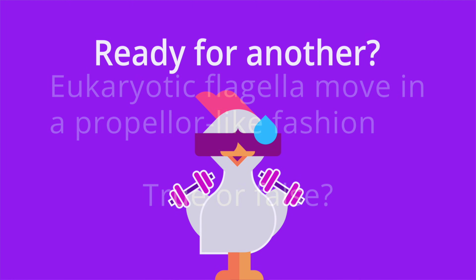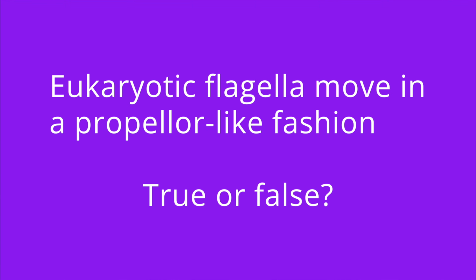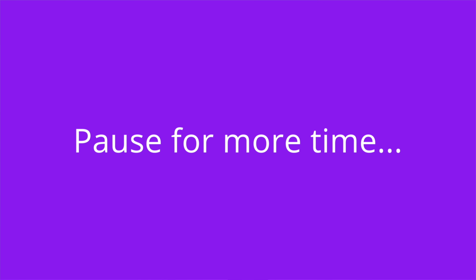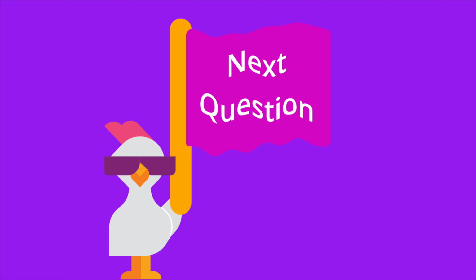Number 3. Eukaryotic flagella move in a propeller-like fashion. True or false? The answer is false. They move in a whip-like fashion, whereas prokaryotic flagella do move in a propeller-like fashion. Number 4.